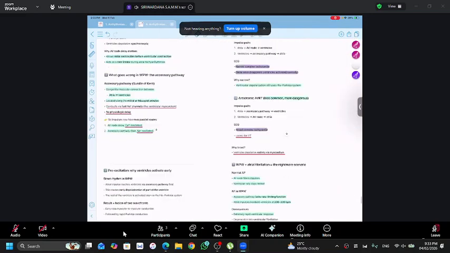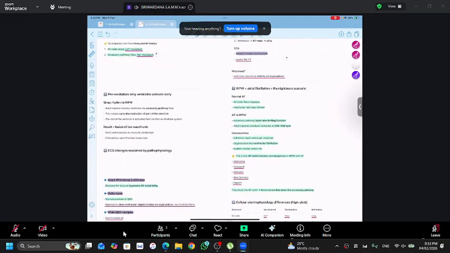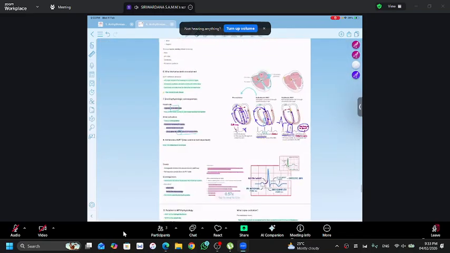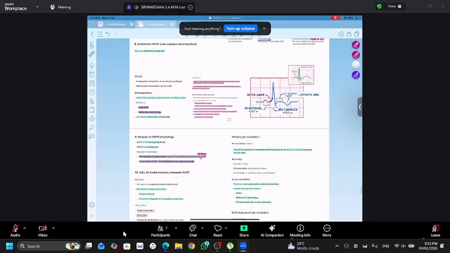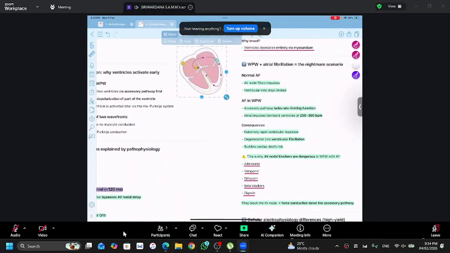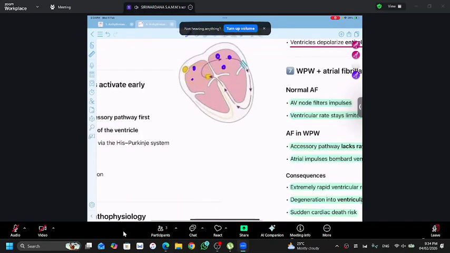Yeah. So another thing that we need to know about is what happens if there's atrial fibrillation and Wolff-Parkinson-White. That's a nightmare scenario. So now let's look at this one. What happens in atrial fibrillation? You have multiple ectopic foci within the atria giving out these signals throughout the atria.